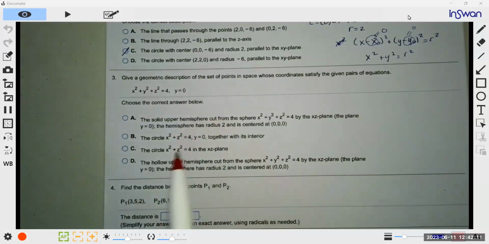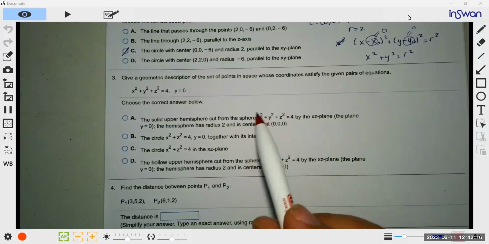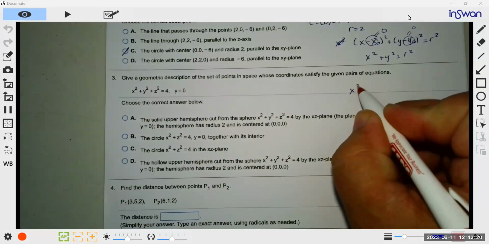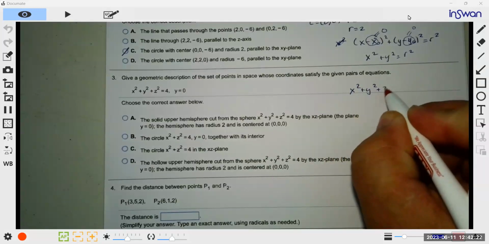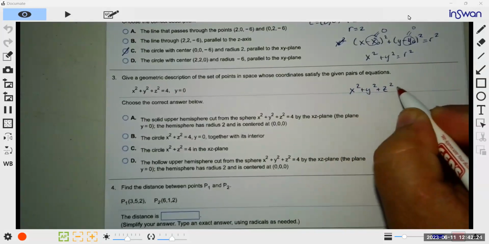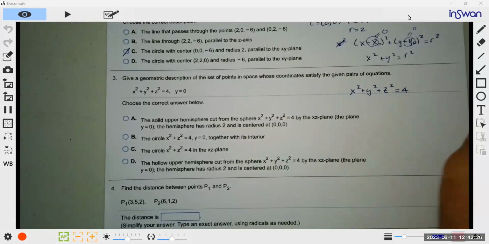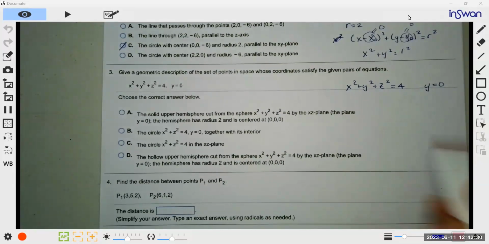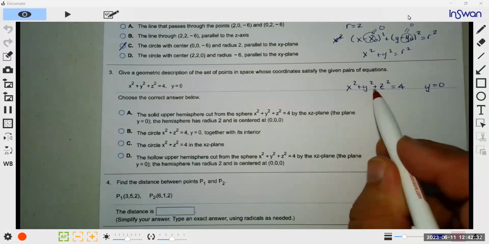Question number 3. Give a geometric description of the set of points in space whose coordinates satisfy this. Okay, now we have x squared plus y squared plus z squared equals 4, and y is equal to 0. This represents a sphere since it's 3 dimensions.